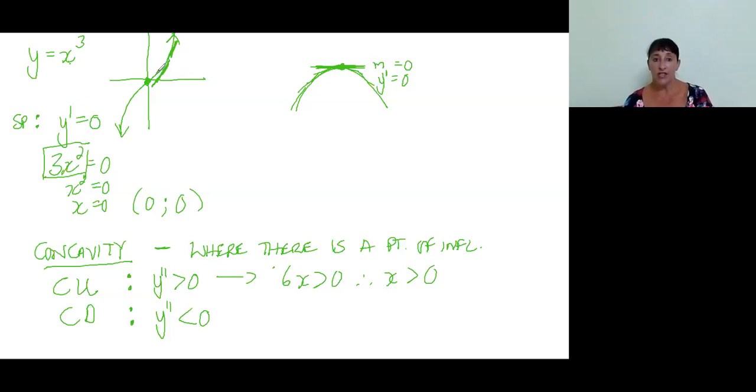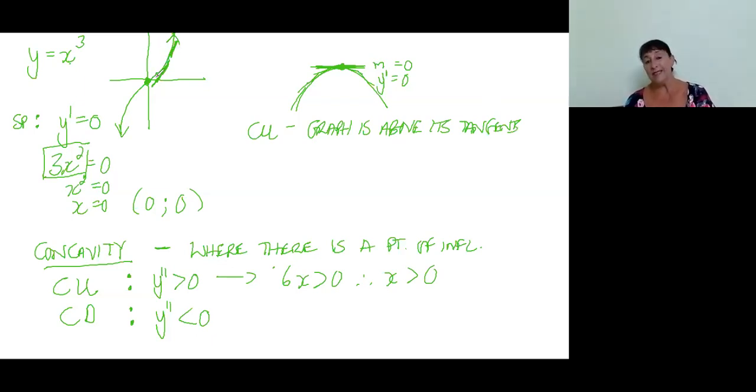Anywhere where I put a tangent, at any point, the graph is above the tangent. So concave up is where the graph is above its tangents. It's quite an important concept.